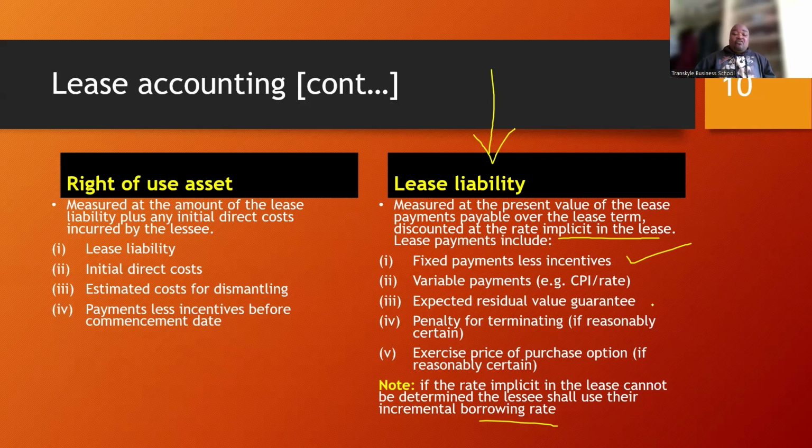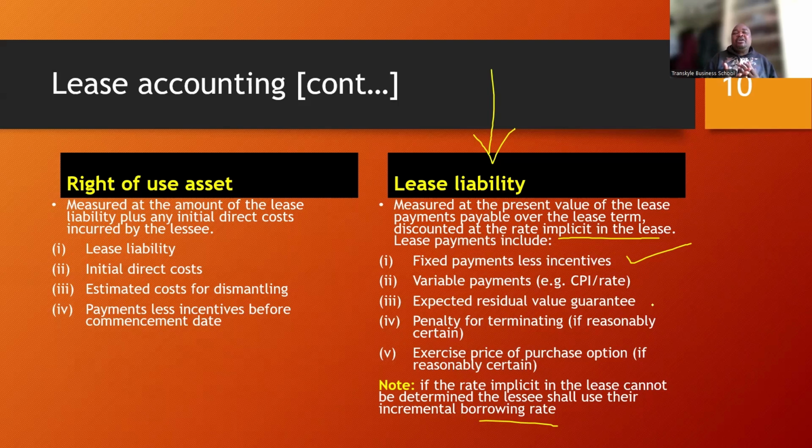A guaranteed residual value is some sort of assurance that after the end of the lease, your property should not be below $1 million. After we use your property for 50 years, we can assure you that your property's value will still be at, say, 1 million as a minimum. We are guaranteeing that. So any potential payments in case the property is not going to be at 1 million by that time.